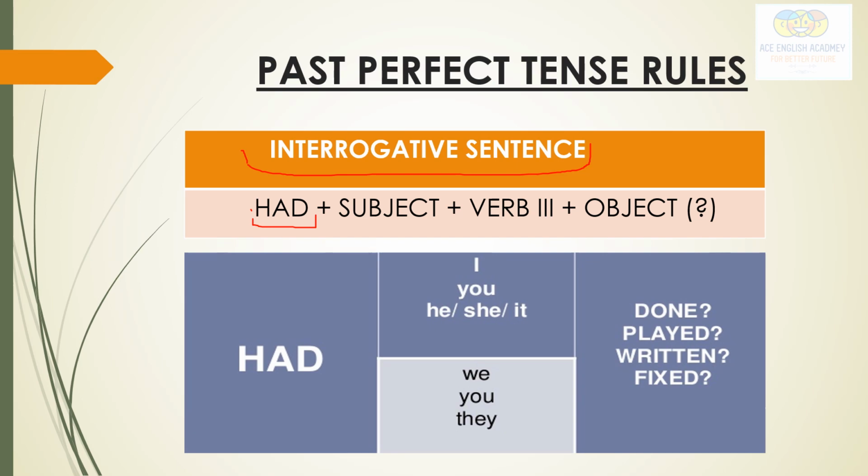Here: had, subject, third form of verb, object, and the sign of interrogation. So here, had you written this poem? Had I done my homework? So this is how you can make interrogative sentences.